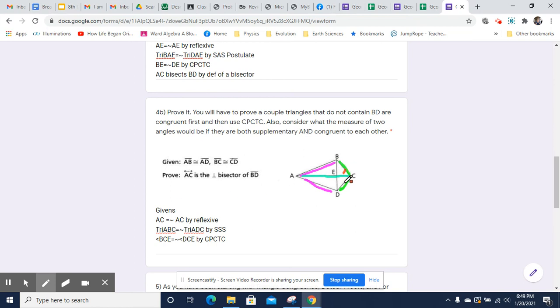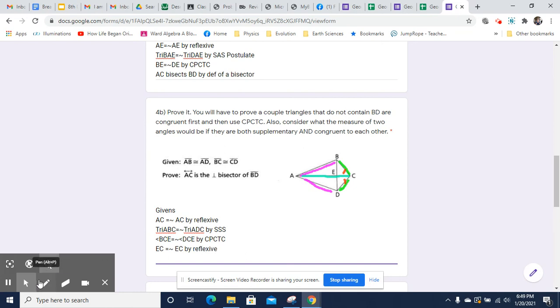And now I can say that EC is congruent to itself by reflexive. I'll label that. Okay, so I'm just going to add a little labeling there. And now I have enough information to prove that triangles BCE and DCE are congruent.